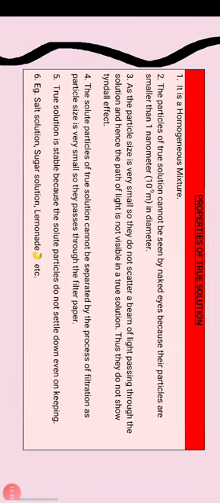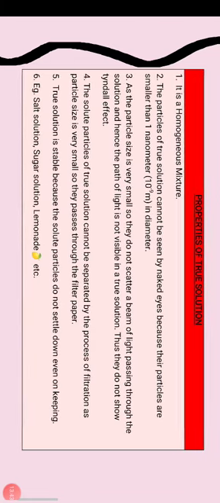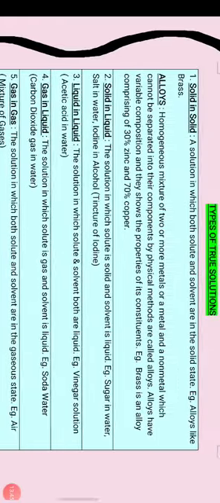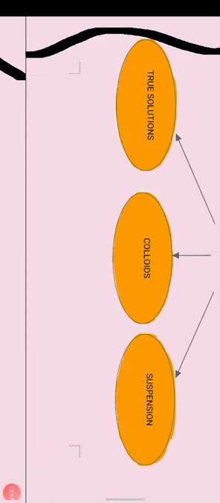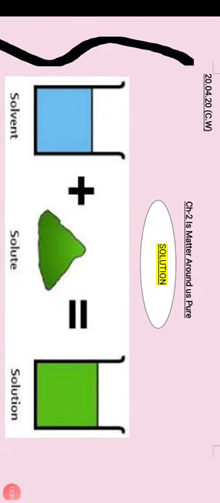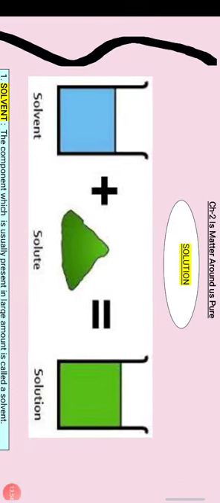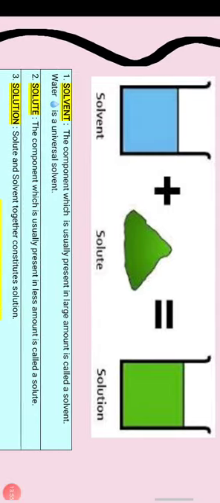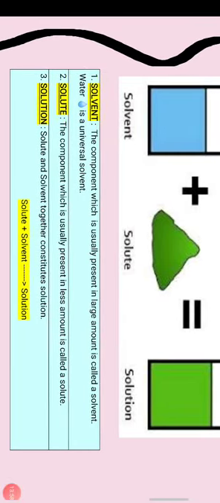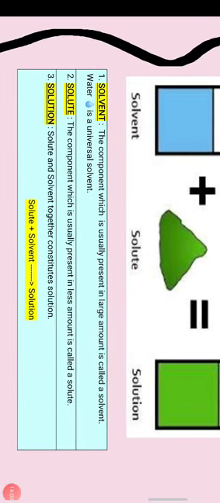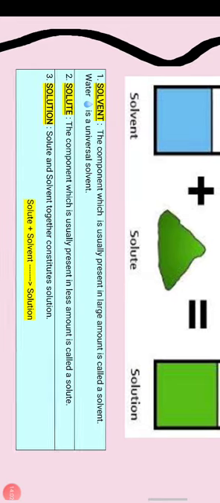So class, in this video we have discussed about the solution and its various types. So solution is made up of 2 components, one is solute and solvent. Solute is mostly present in less amount and solvent is mostly present in large amount, and these together constitute solution.